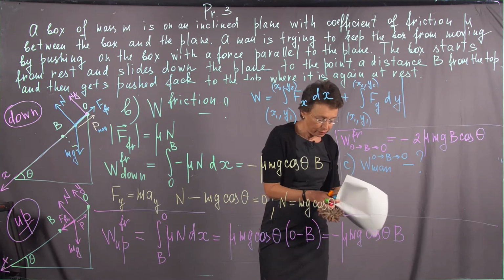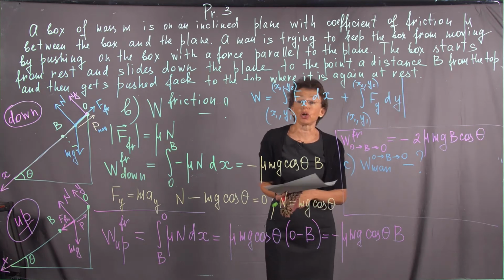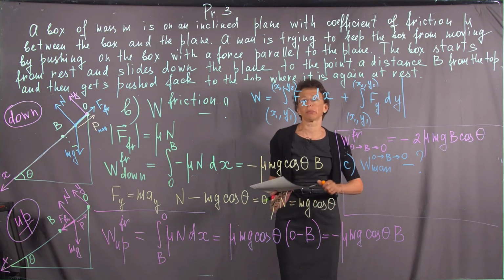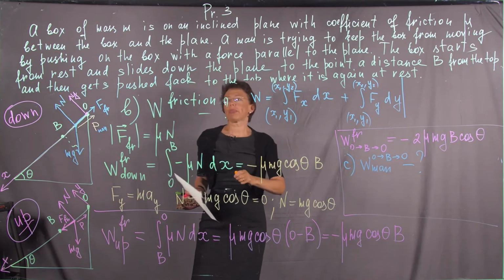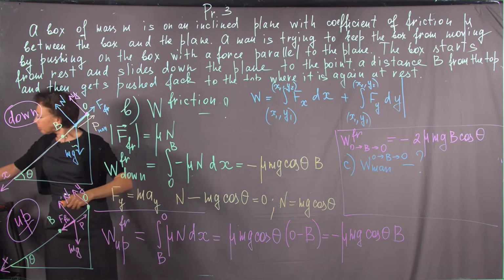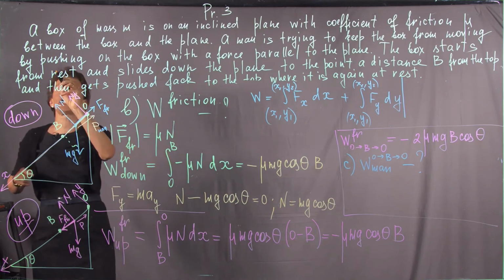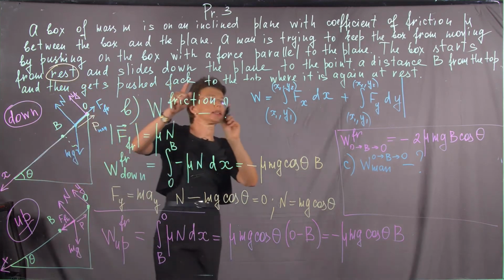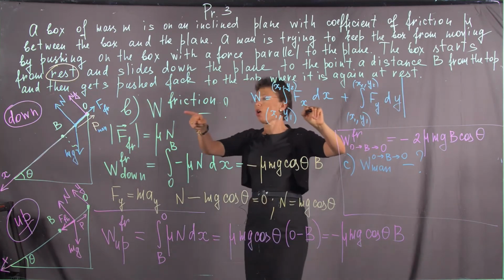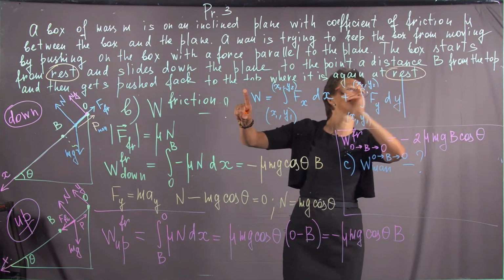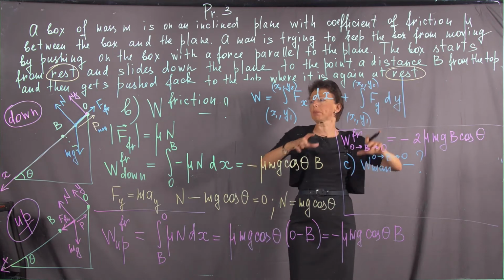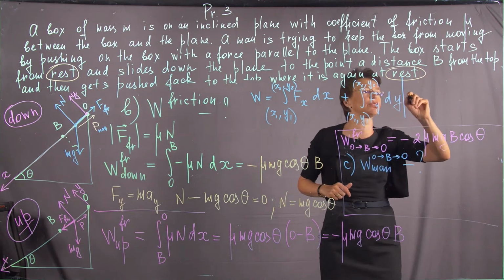We cannot do that. But what we can do is use the work energy theorem. Look at this. They told us something about forces, but they also told us that the block starts from rest, slides down from the top, and then gets pushed to where it is again at rest. So we know something about initial and final velocities.